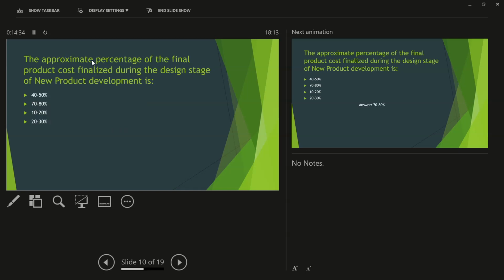So another question is the approximate percentage of the final product cost finalized during the design state of a new product development. So when we are designing the product, the cost compared to the final product. And can you explain why it should be 70 to 80%, not 40 to 50%?